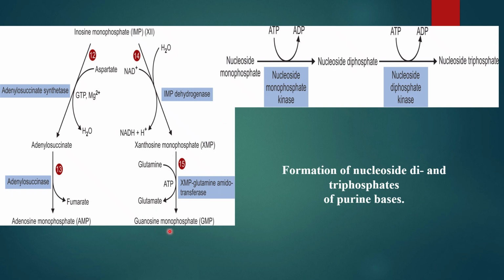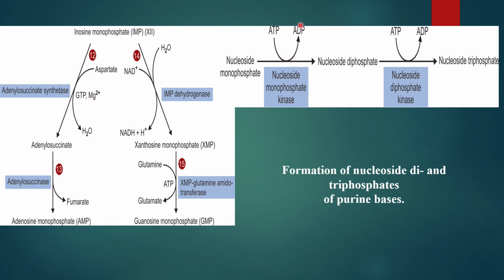Then further, these mononucleotides can be converted into the concerned diphosphates and triphosphates. So these nucleoside monophosphates like AMP, GMP or XMP are all converted in the presence of kinase enzyme.